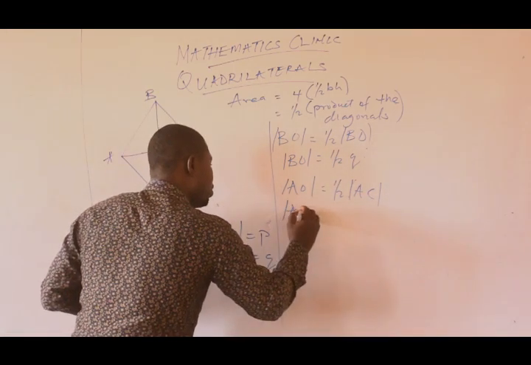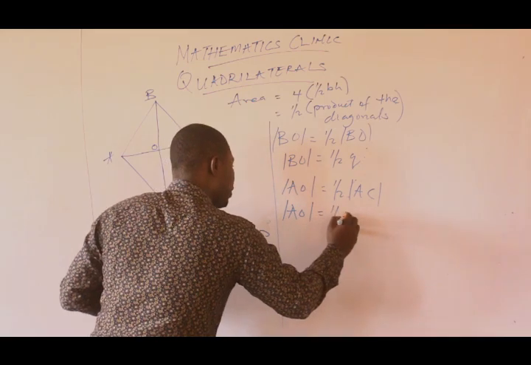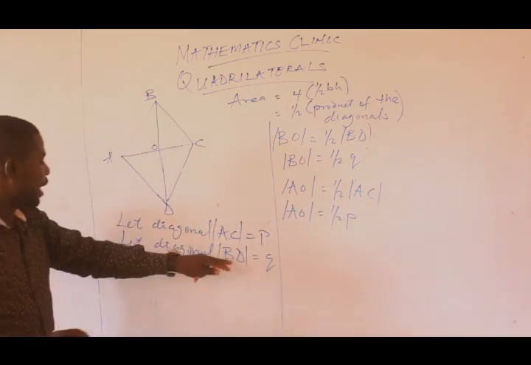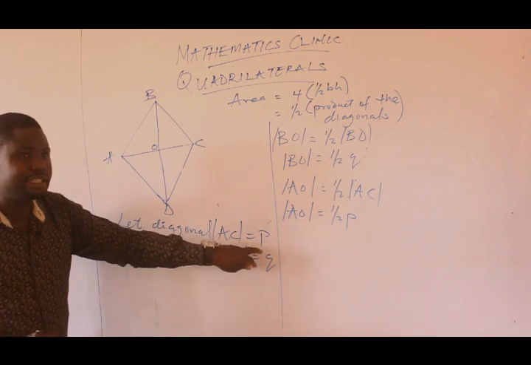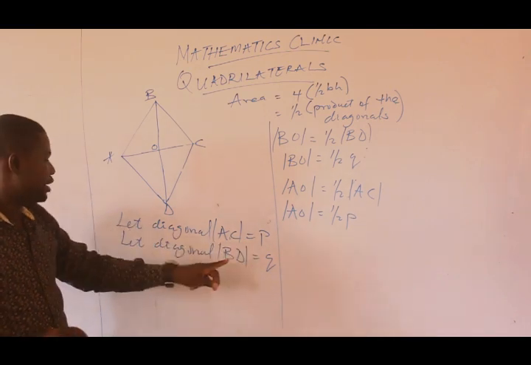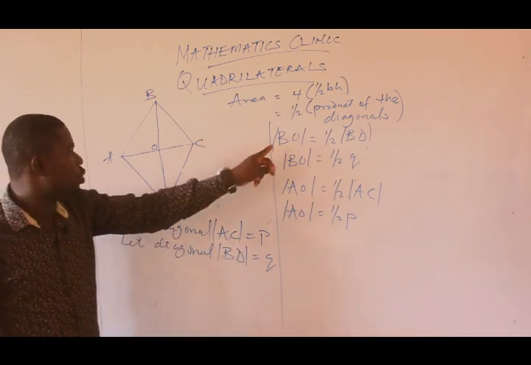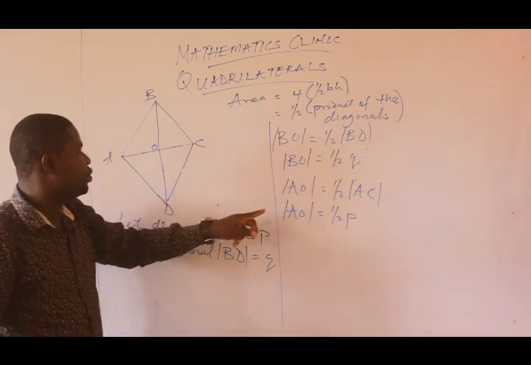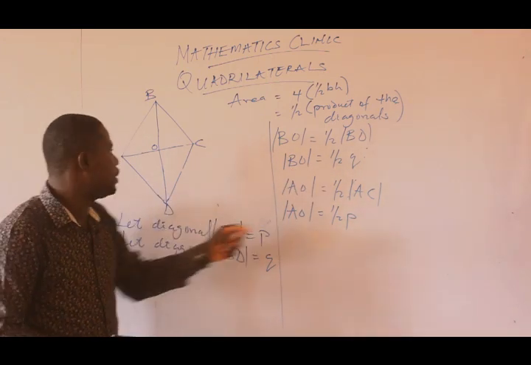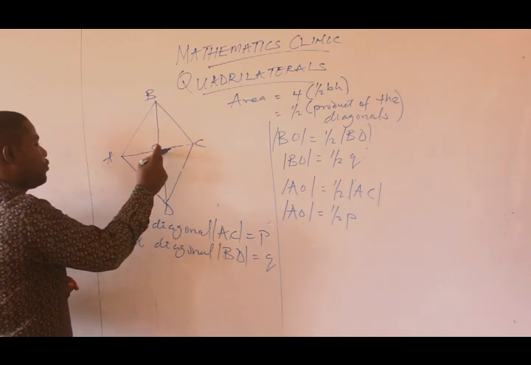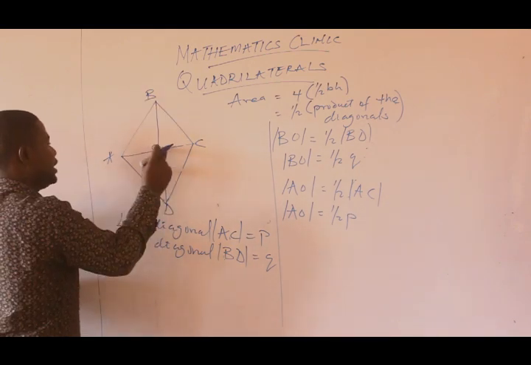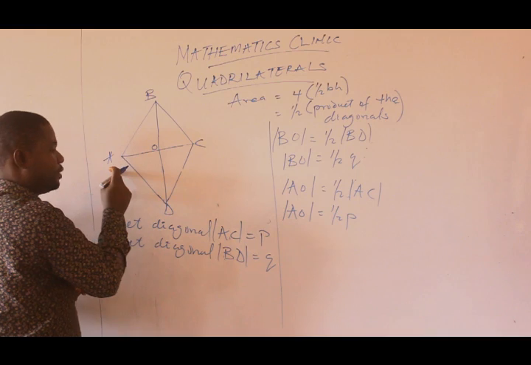Therefore, AO is going to be half of P. Remember that we said AC is the same thing as P. Then BD is Q. So BO is half of Q and AO is half of P. So this is half of BD and this is half of AC.